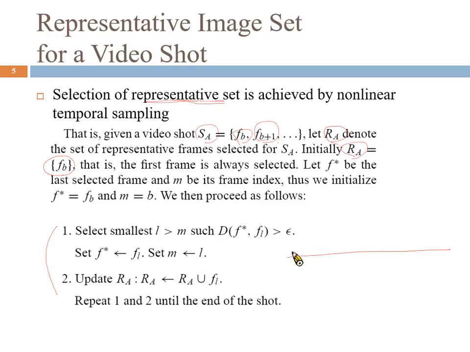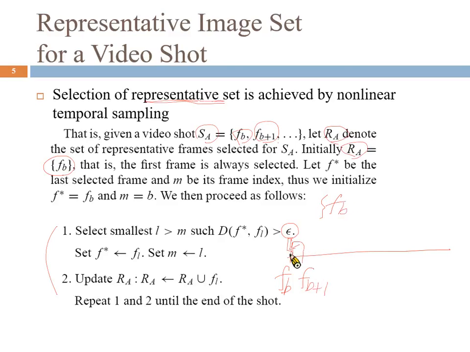For example, the starting frame is FB, and we will first check FB plus 1. We compare the distance between FB and FB plus 1. If the distance is larger than a threshold epsilon, then we also take FB plus 1 into the set.